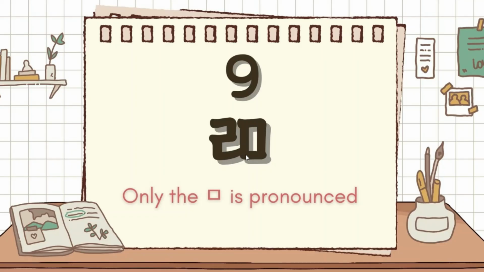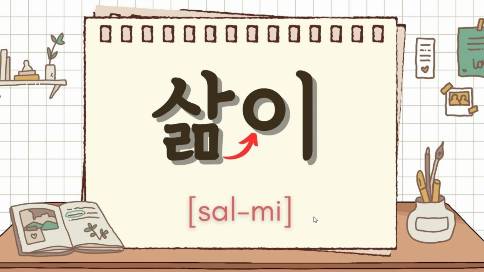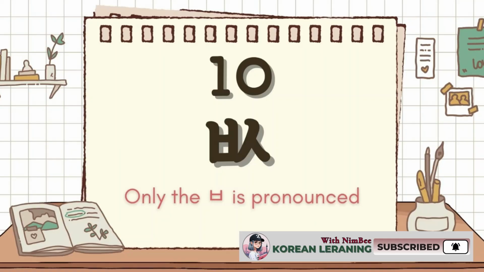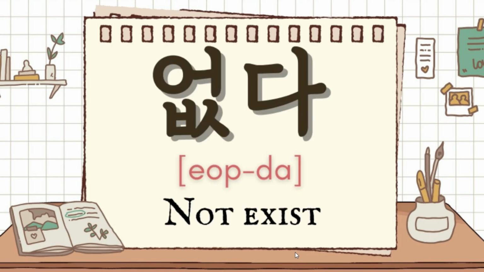리을 plus 미음. Here, the 미음 is pronounced. 삶. 삶이. The 미음 carries over to the vowel. 피읍 plus 시옷. Here, 피읍 is pronounced. 없다.